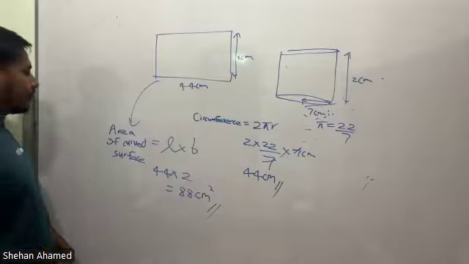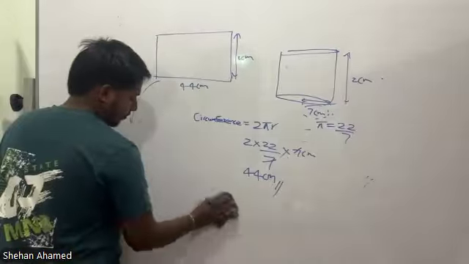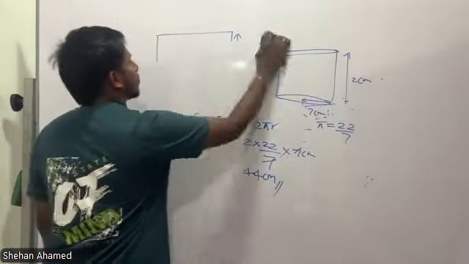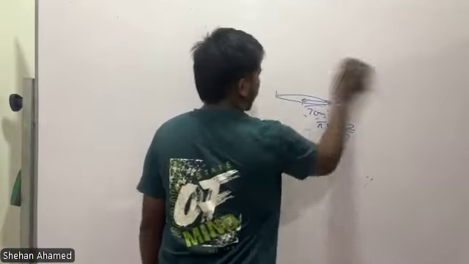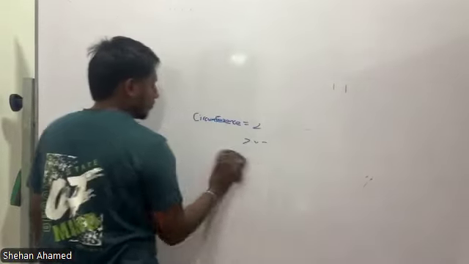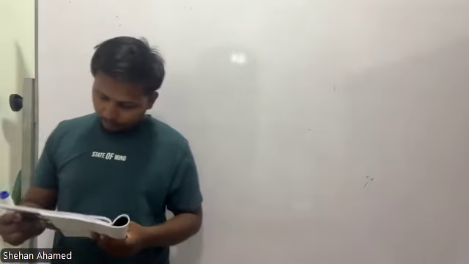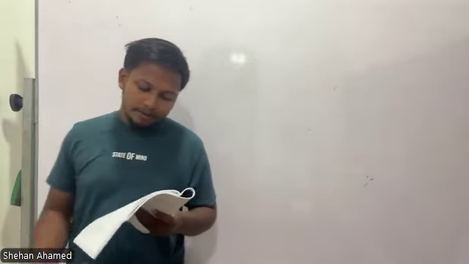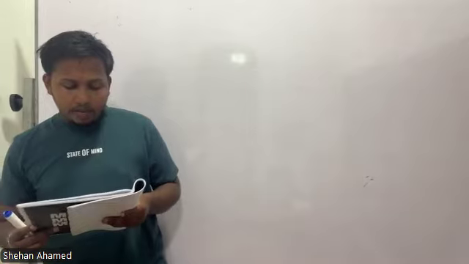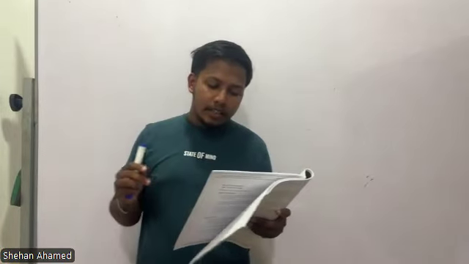Question number 3. If the volume of a right circular cylinder of height 7 centimeters is 88 meter cube, find the base radius of the cylinder in meters.